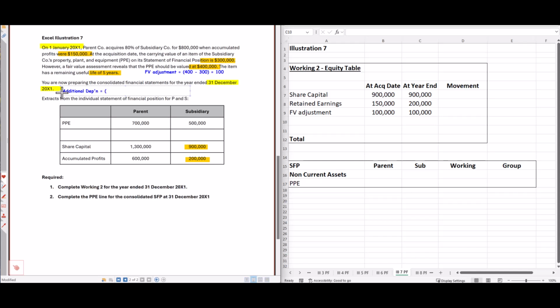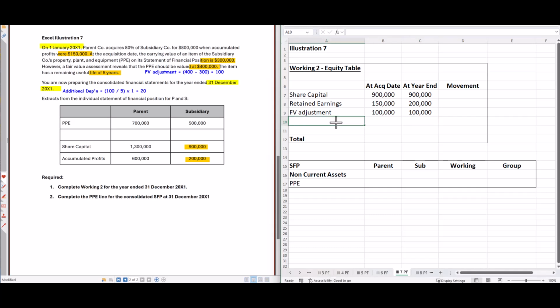Okay, so that means that the additional depreciation is going to be the fair value adjustment, which was 100, divided by the useful life, which is 5, multiplied by the number of years since the acquisition, which is 1, which means we're going to need additional depreciation of 20,000.